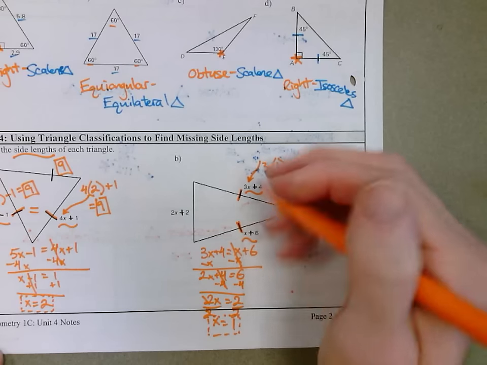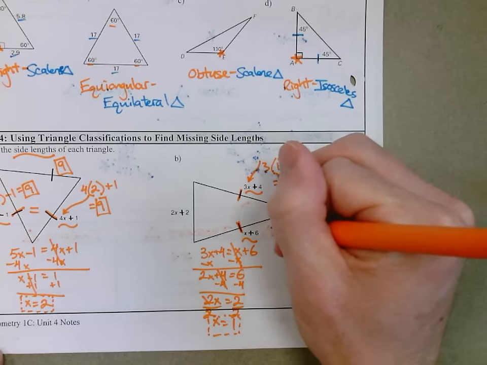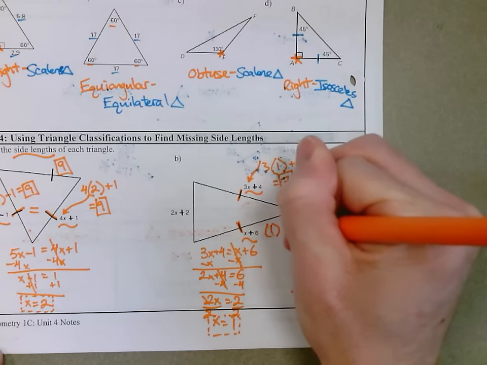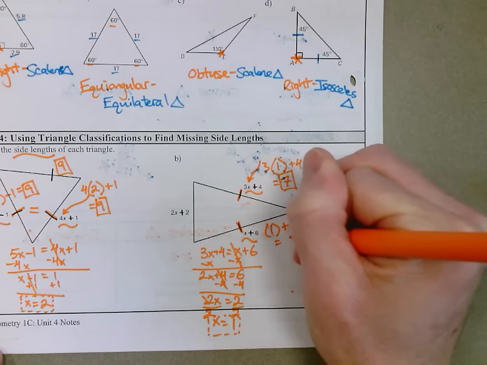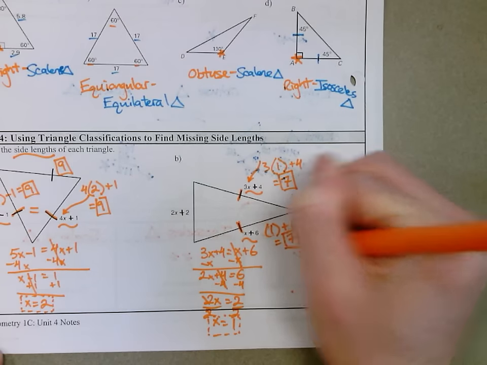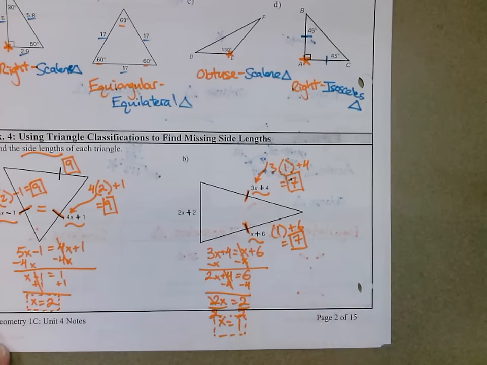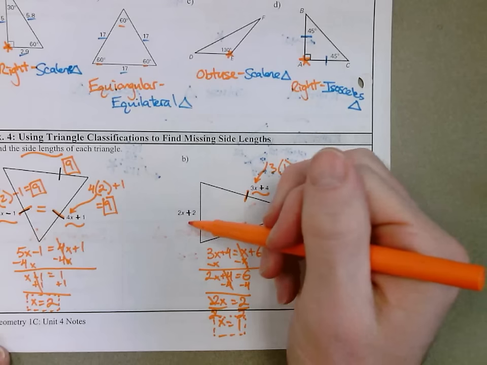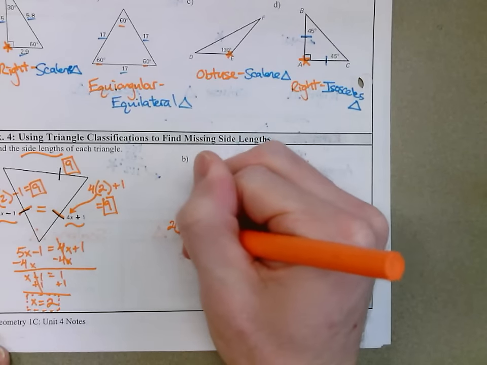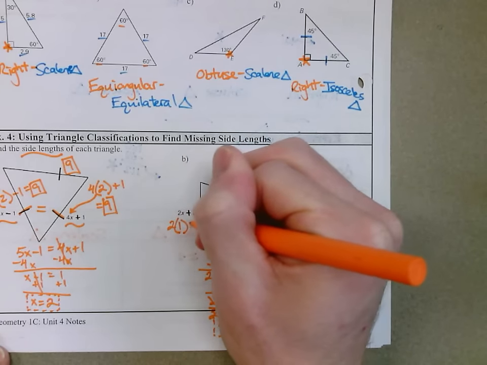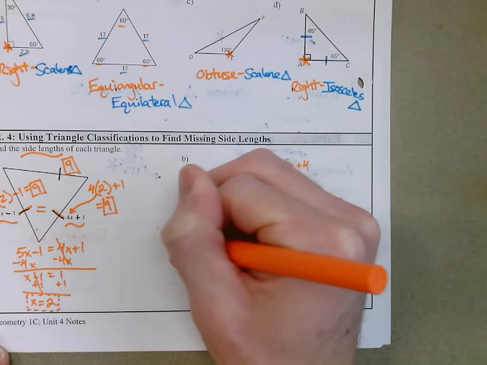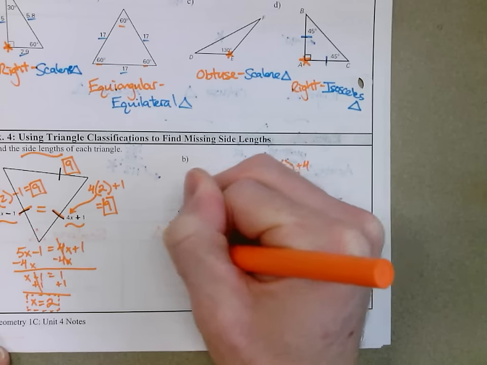I know that this side's supposed to be the same, so this would really be a place to check our answer. I'm going to substitute a 1 plus 6, 1 plus 6, also 7. Feeling good. Final thing, we're supposed to find all sides, so I'm going to go over to this one right here. 2 times the value that we found, which was 1, plus 2 more. This is 2 plus 2, which shakes out to 4.